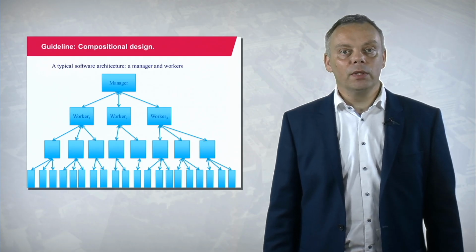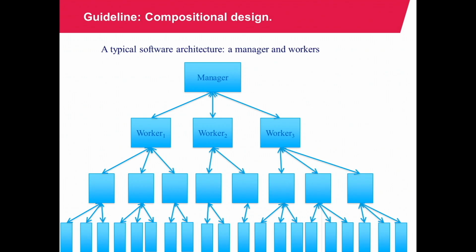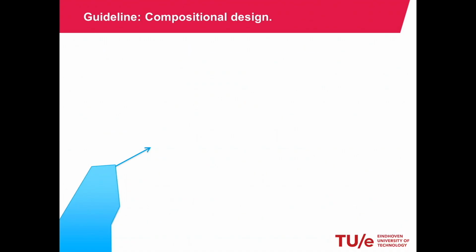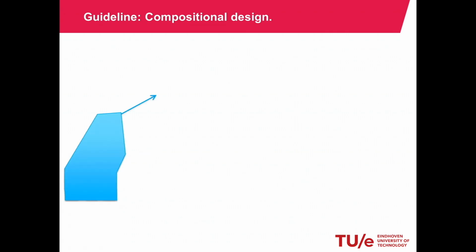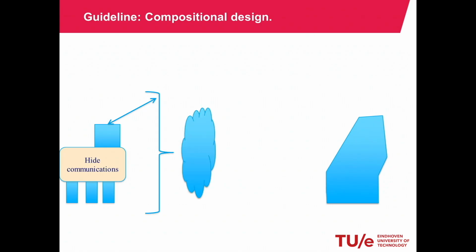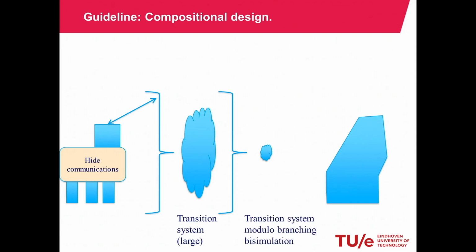intermediate reduction. So the idea is the following: we take a subpart, and if we have this particular subpart, so let's isolate it, then we can actually generate the state space of this subpart by first hiding the communication, then generating the state space. The state space may still be substantial, then reducing it, for instance, modulo branching bisimulation, hopefully getting a small transition system.